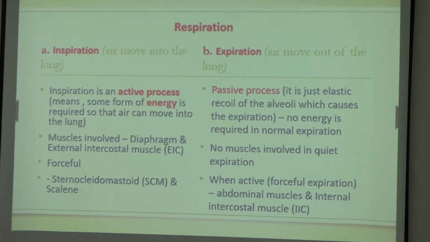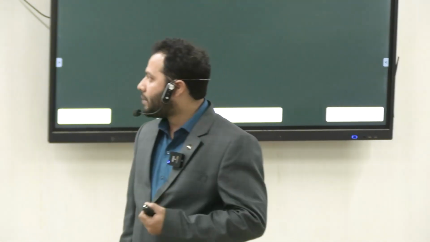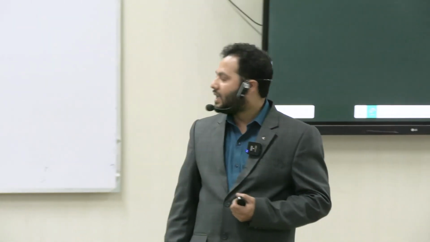These are the diaphragm and external intercostal muscle. But in some cases, we need to inhale forcefully. During forceful inspiration, other than diaphragm and external intercostal muscle, some other muscles play an important role. These are SCM and scalene.